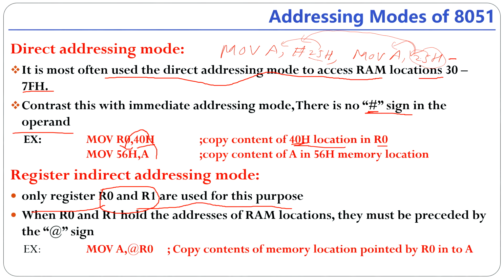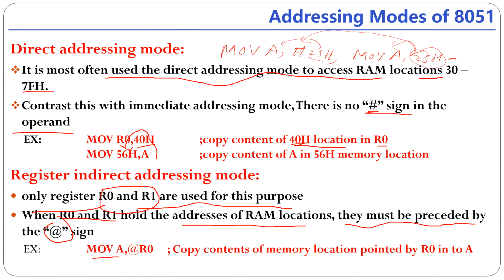Remember, when R0 and R1 hold the address of a RAM location, they must be preceded by the at-the-rate sign, the @ sign. Remember, right?